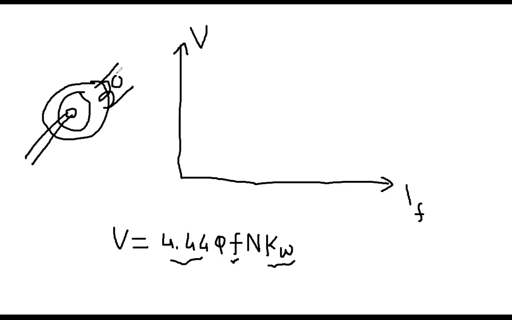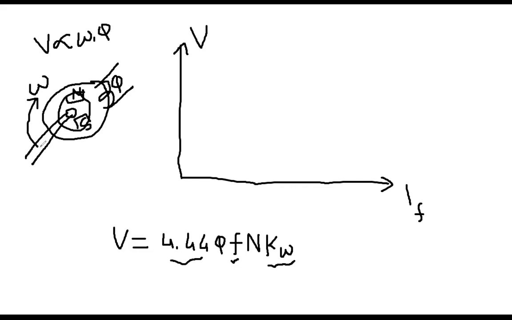Here is the flux generated from the coil, and of course there is the actual magnetic field, north pole, south pole, which also has flux, and this is the speed. Now you can say that the voltage is proportional to two factors: one is omega, the other is phi, the flux.